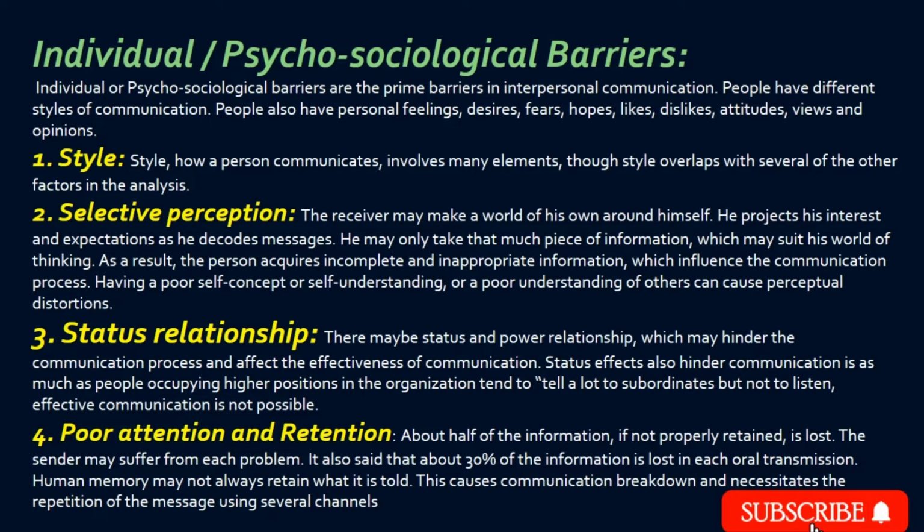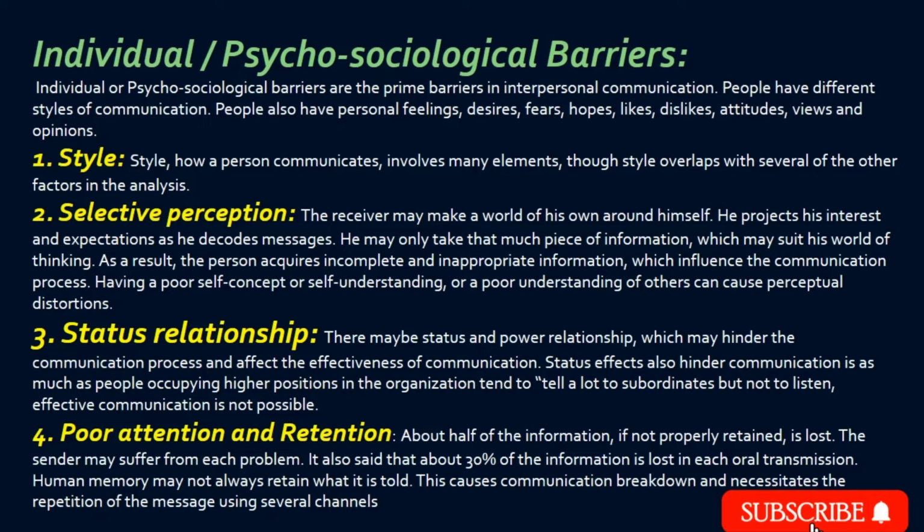Second one, let us see selective perception. What do you mean by selective perception? The receiver may make a world of his own around himself. He projects his interest and expectation as he decodes messages. He may only take that much piece of information which may suit his way of thinking.